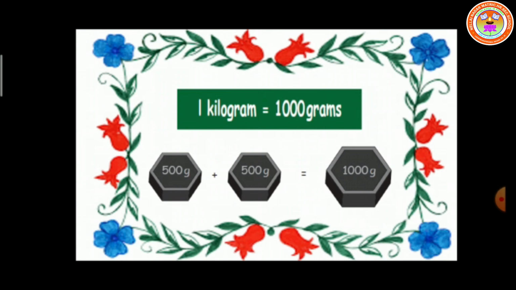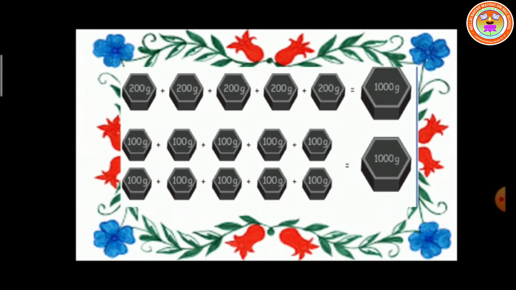Students, what is 1 kilogram? 1 kilogram is equal to 1000 grams. We can also make 1 kilogram with 500 gram and 500 gram. If you take a stone of 200 gram, and keep 5 stones, then it will make 1000 gram.